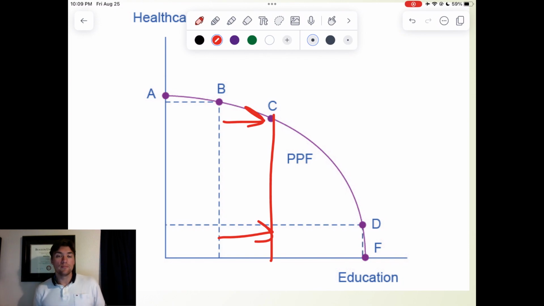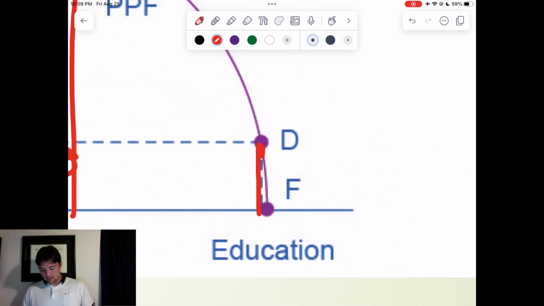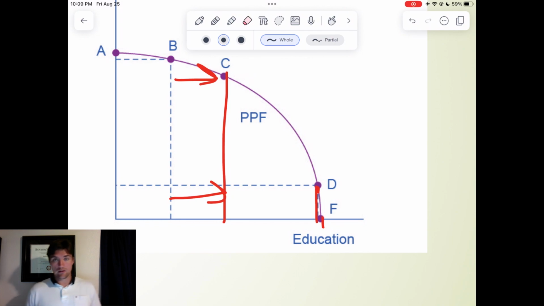At some point, you're going to put so much into education that you're not going to get much extra benefit from it. And sure enough, we can see that because look at from D to F, a much smaller increase there. So we went from here to here. So the more education we're doing, the less returns we're getting. So the law of diminishing returns.